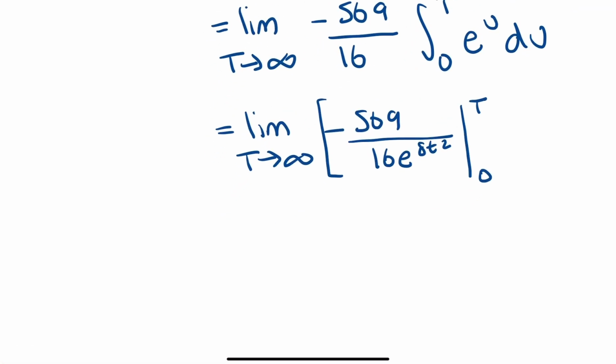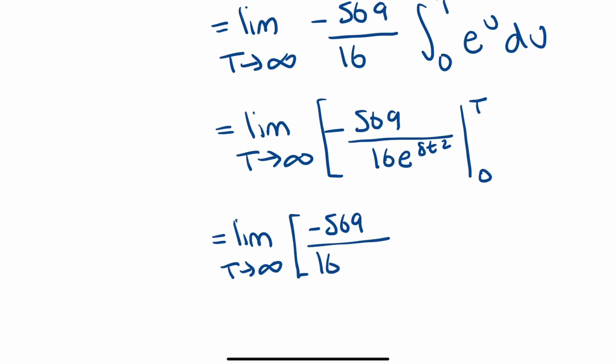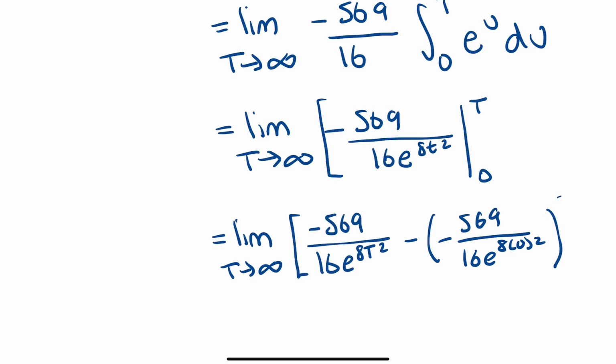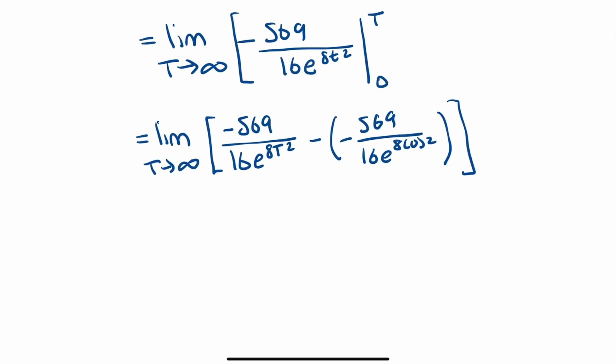So let's go ahead and do that now. So we'll say negative 569 over 16e to the 8 multiplied by capital T squared, minus negative 569 divided by 16e to the 8 times 0 squared. And right off the bat, I know that this is going to give me e to the 0, which is just 1.